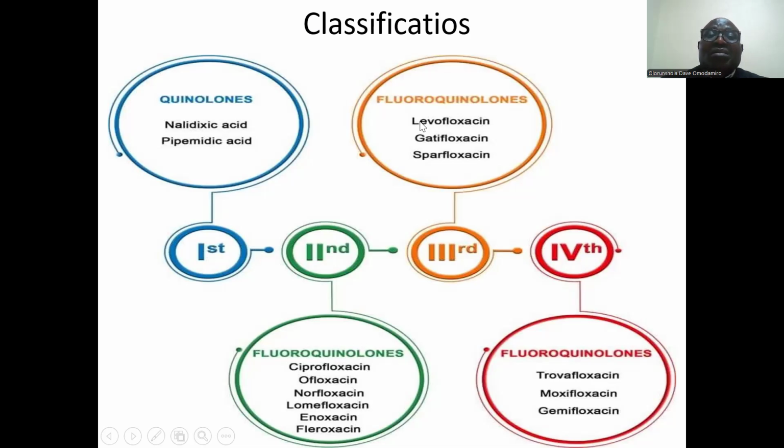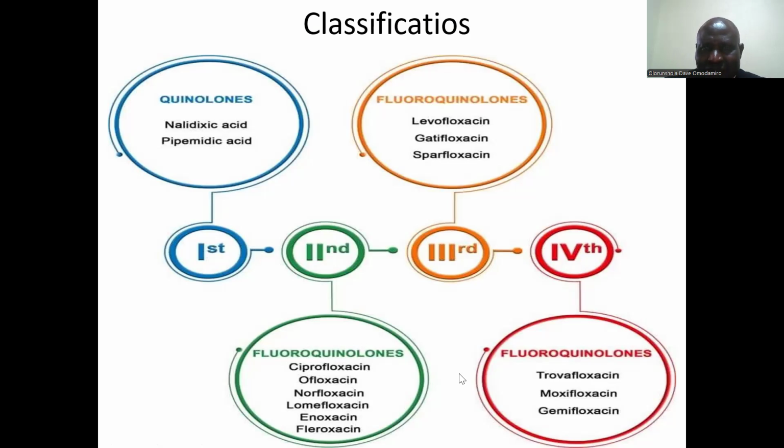The third generation of fluoroquinolone includes levofloxacin, gatifloxacin, and sparfloxacin.